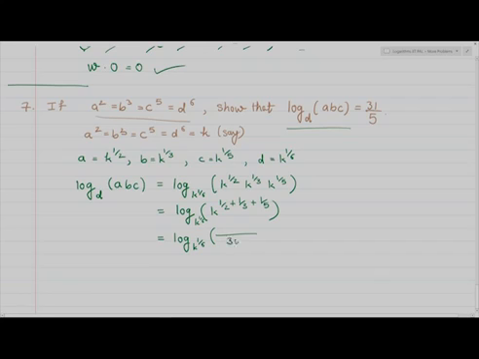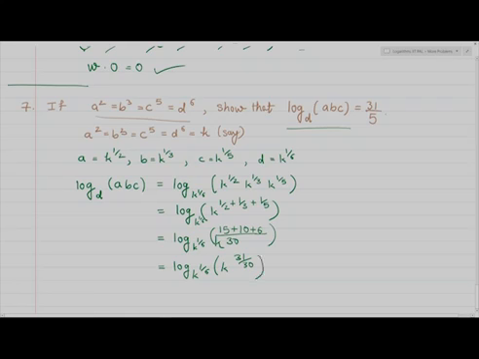It will be 30 upon 5 into 3, 15, plus 5 into 2, 10, plus 6, that is 15 plus 16, that is 31 upon 30.